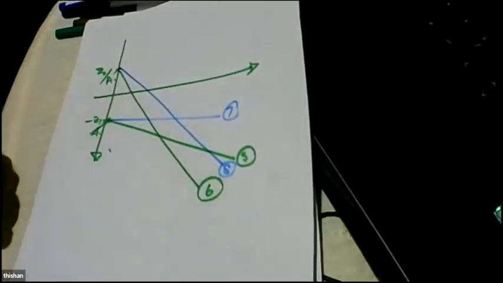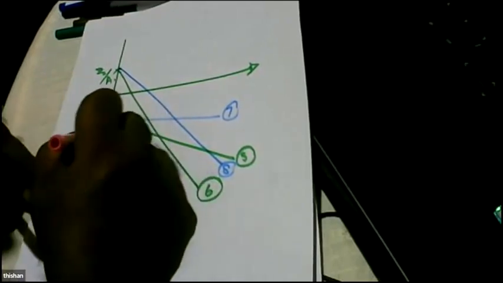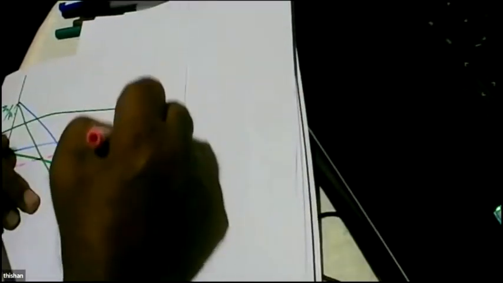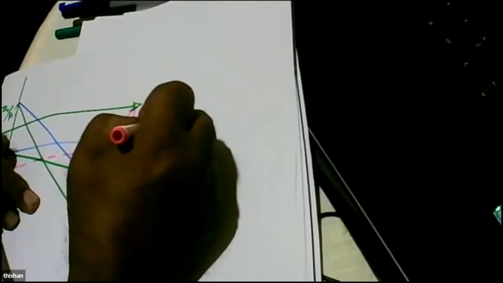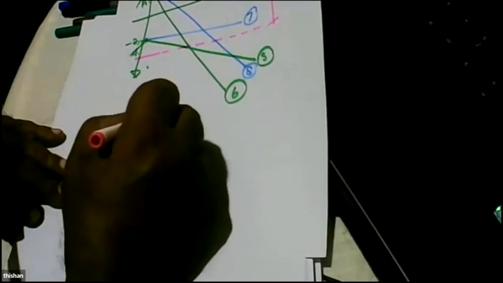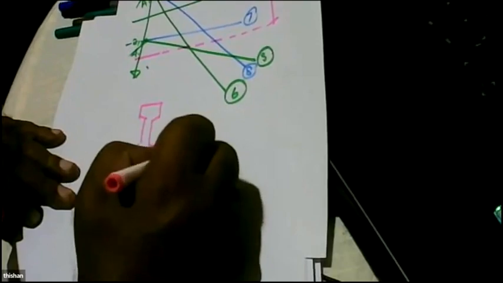But before you mark the feasible region, we have to mark the maximum position where we can get the eccentricity, that is Emax.